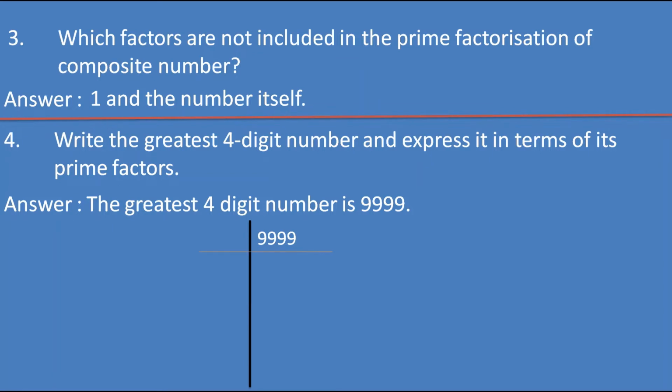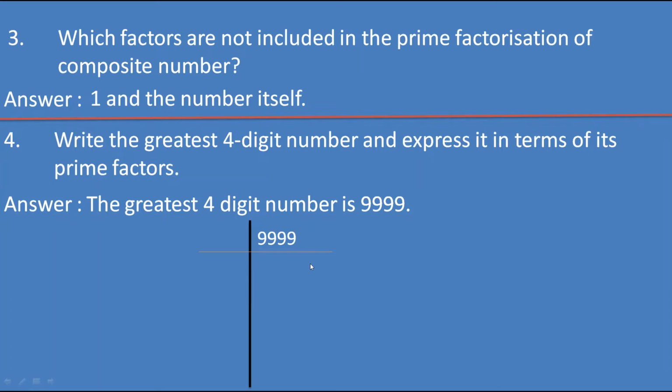Now we have to start from the first prime number, that is 2. Okay. So first we have to check whether the given number is divisible by 2 or not. For that we must know the divisibility rule. Okay, as we know that if the number is an even number, then it is divisible by 2. But here the number is an odd number, so we can't use 2 here.